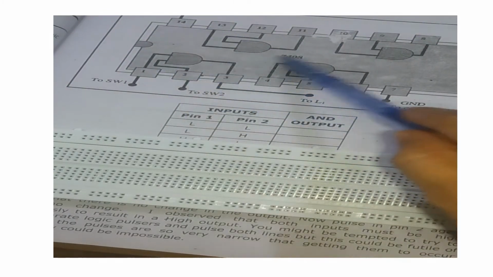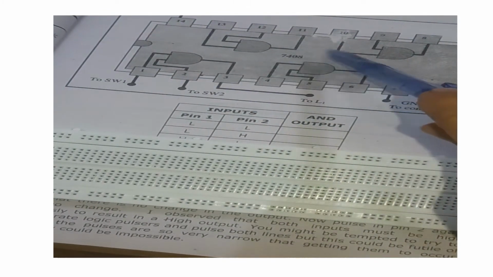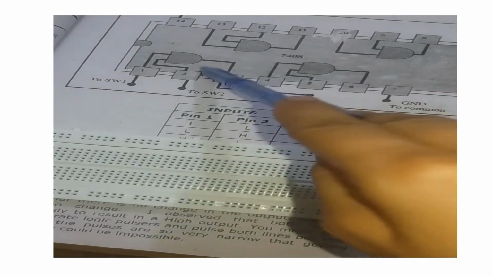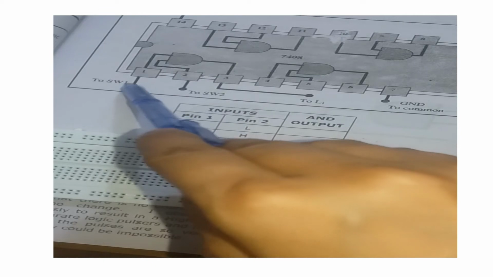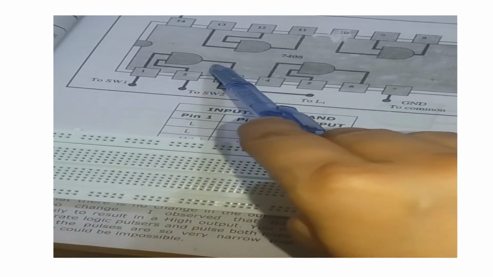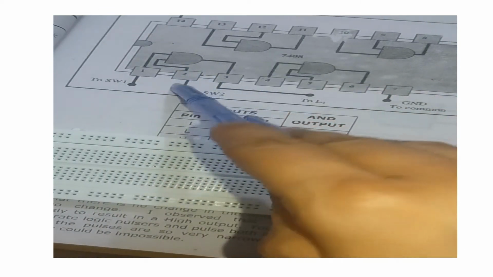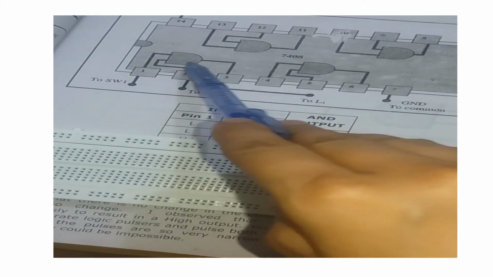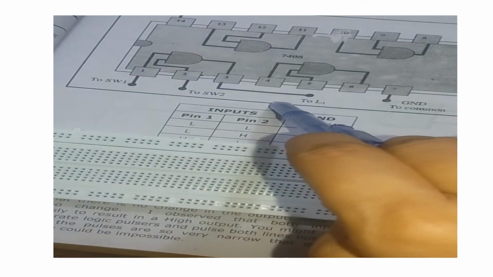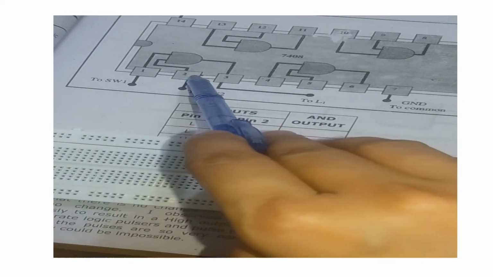In the internal structure of the IC, 4 AND gates exist. The first pin is used for input 1 of the first AND gate, pin number 2 is used for input 2, and the third pin is used for the output of the first AND gate.